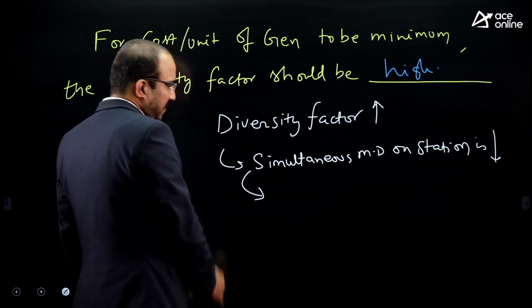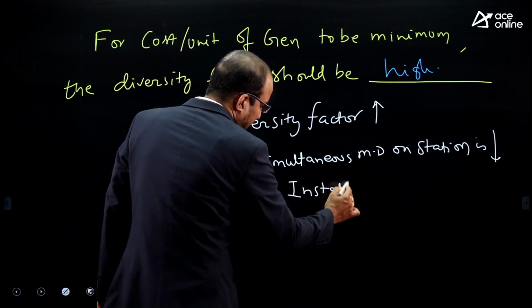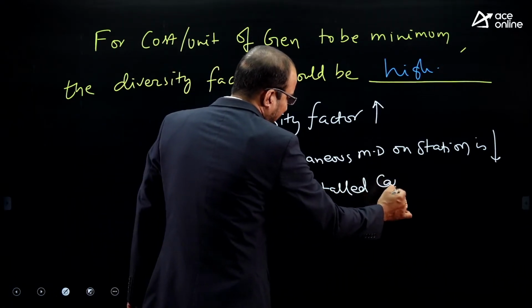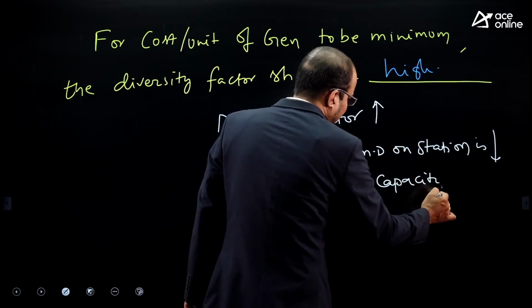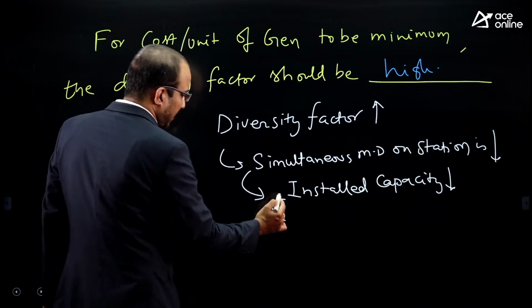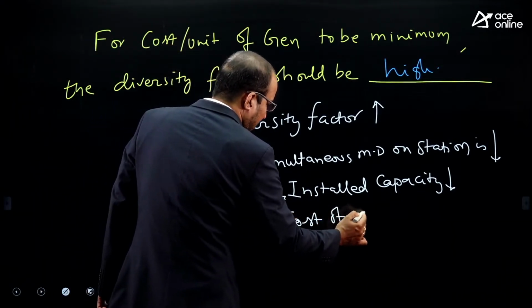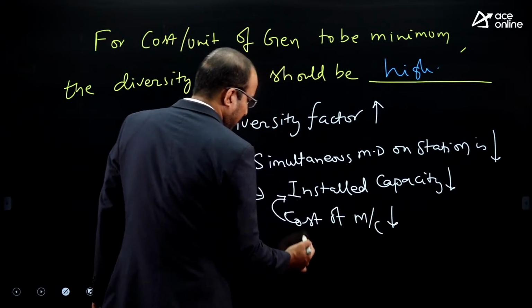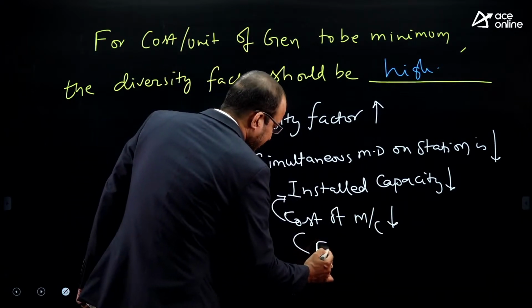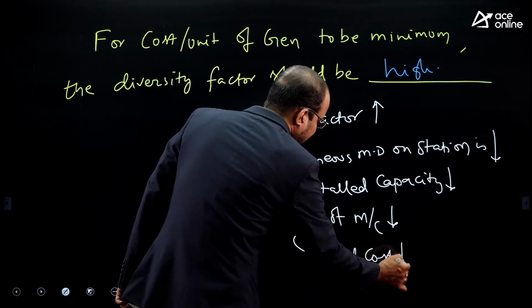If the simultaneous maximum demand on the station is less, then the installed capacity required will be less. If the installed capacity required is less, then the cost of machinery gets reduced. That means fixed cost reduces. If the diversity factor is high, fixed cost reduces.